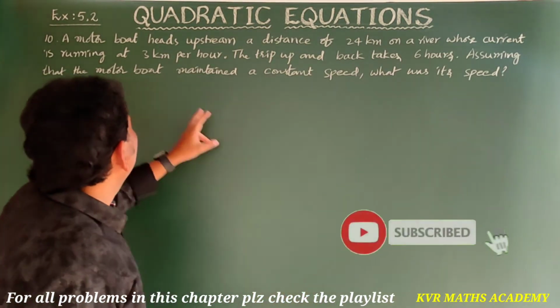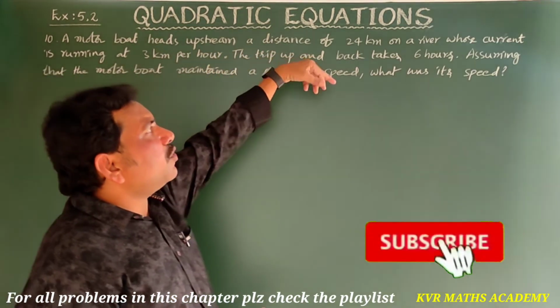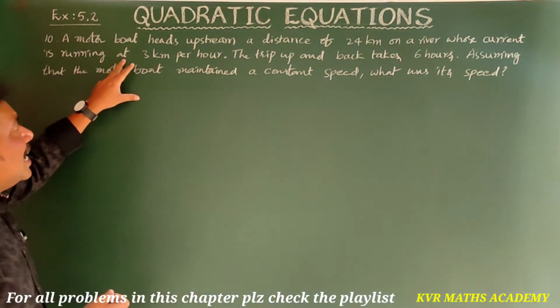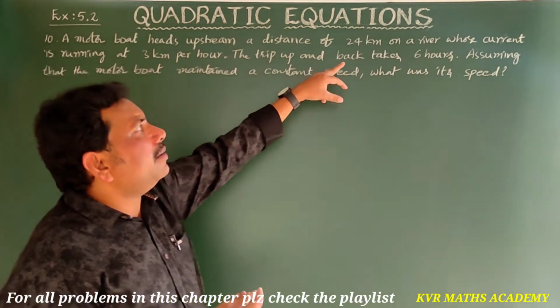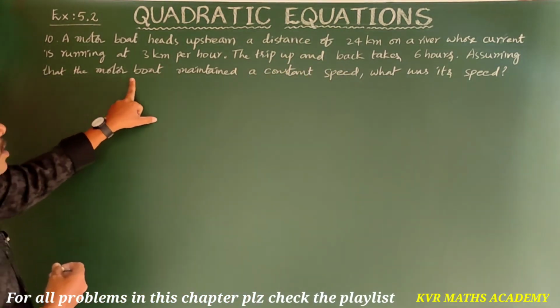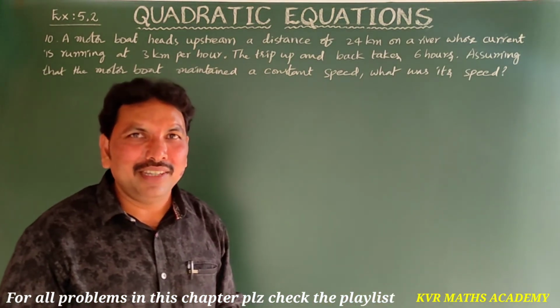Come again. A motorboat heads upstream a distance of 24 kilometers on a river whose current is running at 3 kilometers per hour. The trip up and back takes 6 hours. So assuming that the motorboat maintained a constant speed, what was its speed? Right.